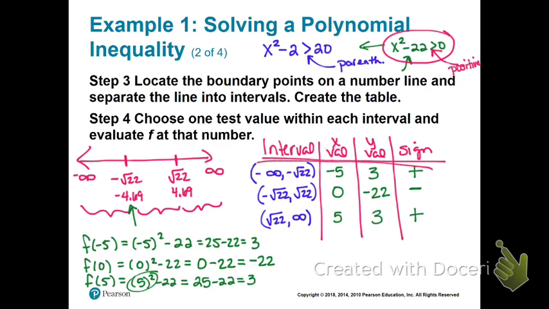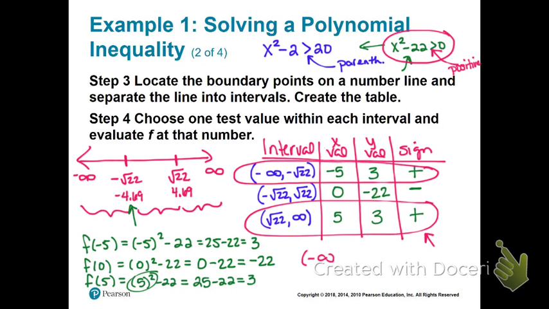I have a solution right here and right there, because in the sign column, they're both positive. So let's write our solutions. Our solution is negative infinity to negative square root of 22, or square root of 22 to positive infinity. And that is your solution to this problem.